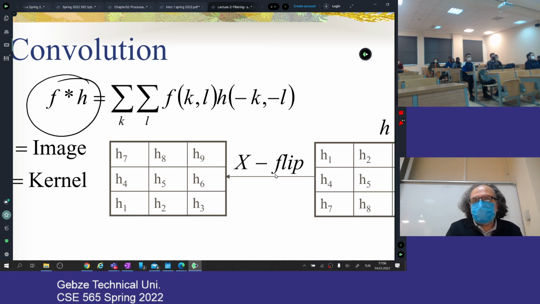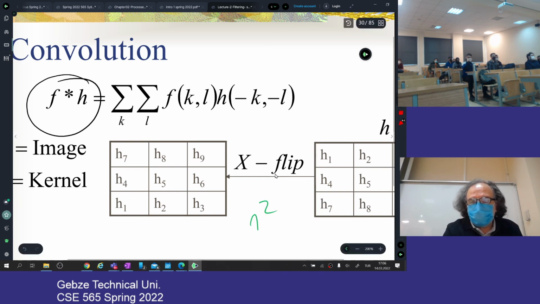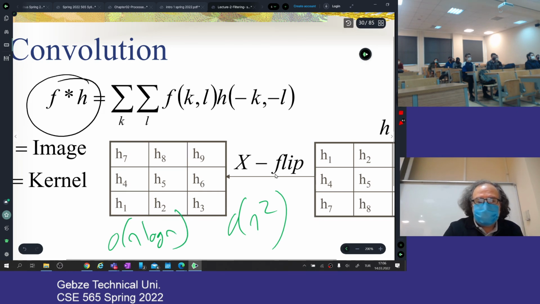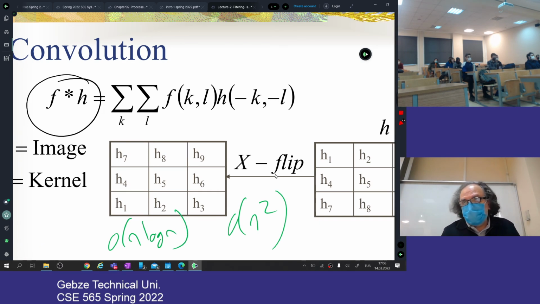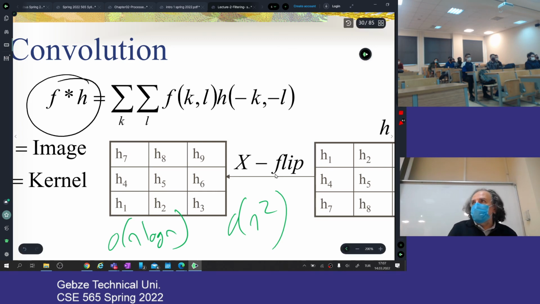OpenCV implements it nicely. Sometimes, instead of order of n square, where n is the size of the image, we can get n log n complexity if you go to the frequency space. Frequency transformation is something that, as I said, I am not going to talk much about. But if you go to the frequency space, things are a little bit cheaper, but it has some other costs.